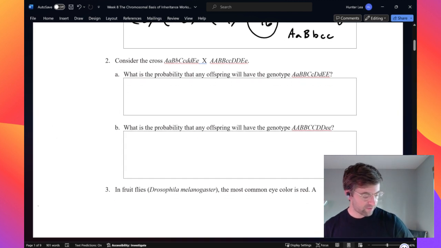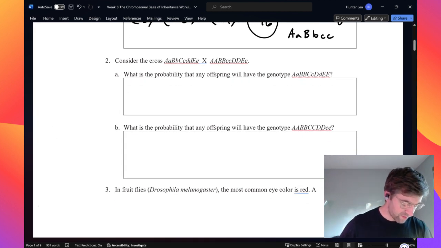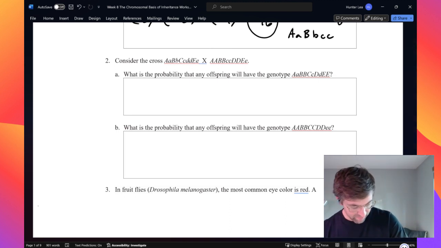Consider the cross A, big B, big C, d, big E, times big B, little c, big D, big E. What is the probability that any of the offspring will have the following genotype?